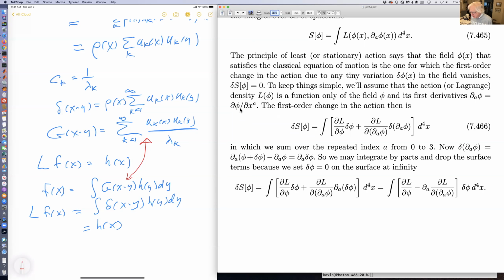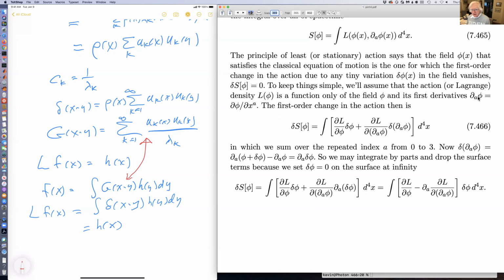And that's because if you assume that the action density is a function of the field and its first derivatives, then you get equations of motion that are second order. And so then you just need as initial conditions the positions and velocities. And the generalization to field theory is that you need to know the field at time 0 and the time derivative of the field at time 0.